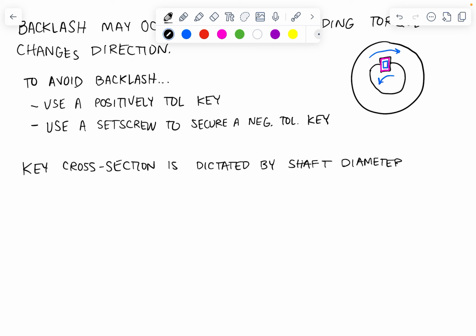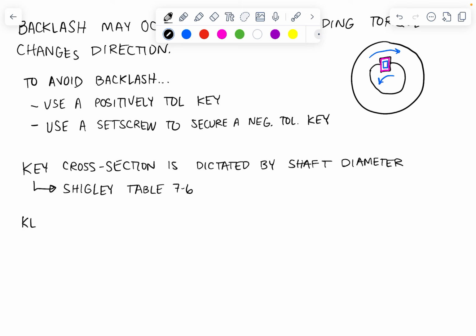And if you want to look up specific values for standard sizes, you can take a look in Shigley table 7-6. It'll give you some standard diameter ranges and ranges for sizes of keys that correspond to those shaft diameters.